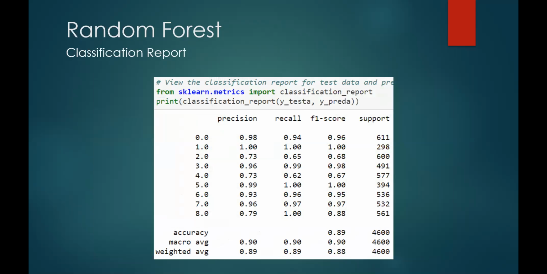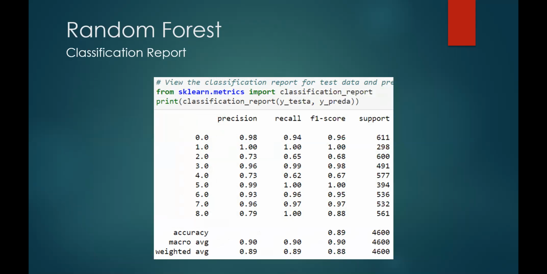As per the classification report, the class 2 H-loc got the worst performance indicators: precision 0.73, recall 0.65, and F1 score 0.68.